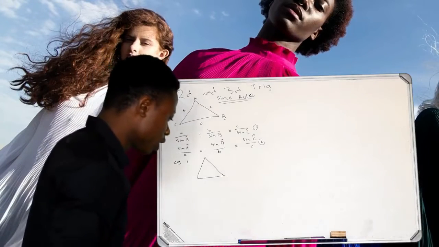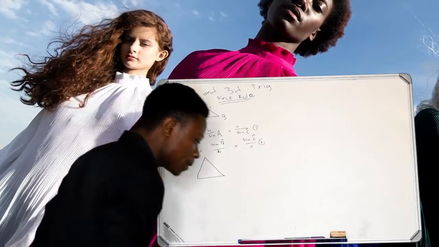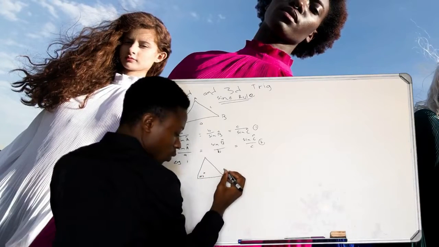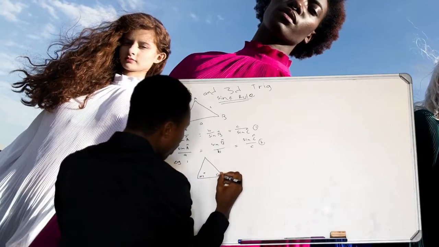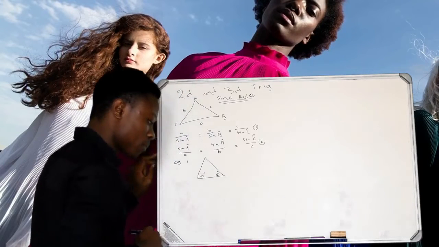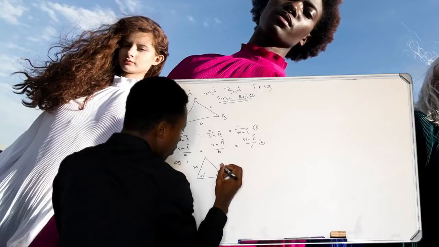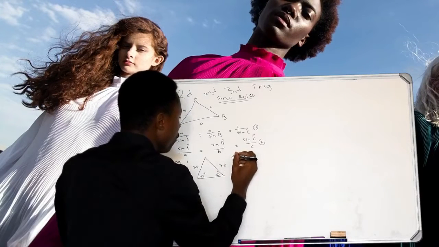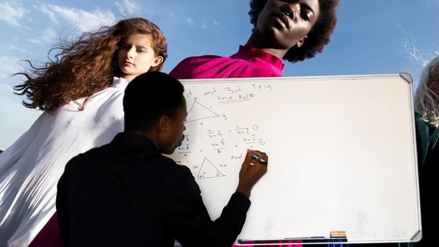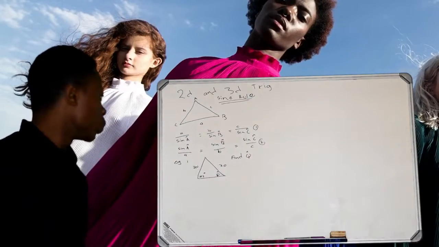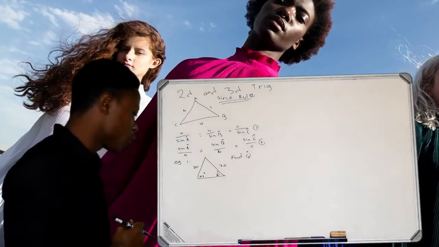Don't execute me, okay? My drawing is amazing. So we have angle 42 degrees over here. We have angle Q over here. And we have the lengths 20 and 30. Now the question says find angle Q, right? That's pretty straightforward. We're just looking for a value.